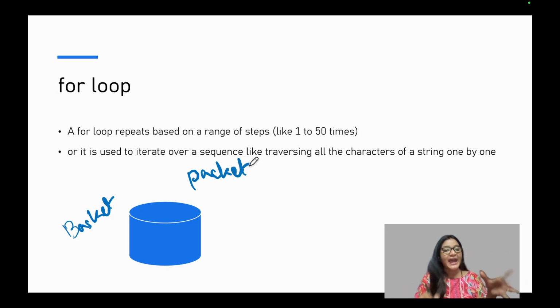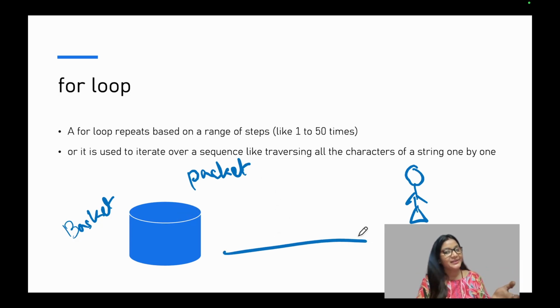I have asked a small kid, please can you help me take out one packet and just one packet at a time and keep it on the ground. So what the child does is the child picks up one packet from this and will put it on the ground, right?